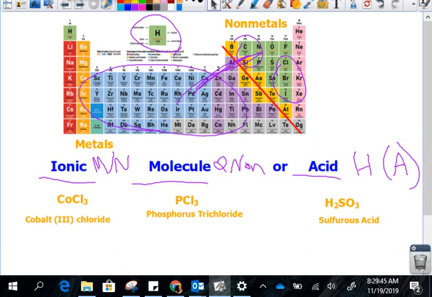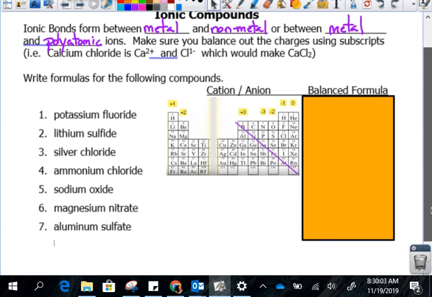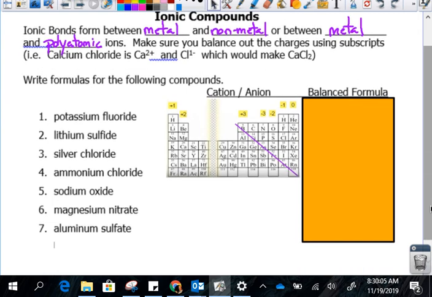Okay, so we're going to start off with the ionic rules and work our way through some of the questions with ionics. Notice that I have a periodic table available. Our ionics are between metals and nonmetals, or metals and a polyatomic ion, and because they're ions, they have charges. We have to use those charges to figure out the formula.